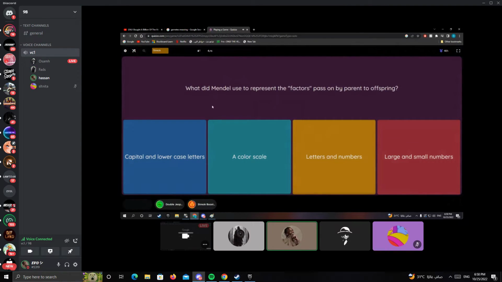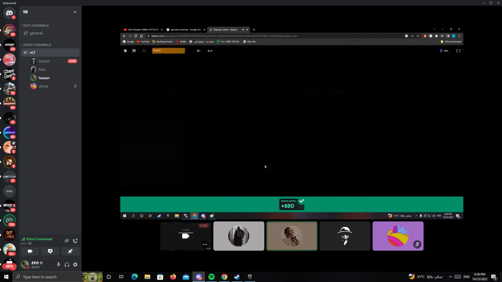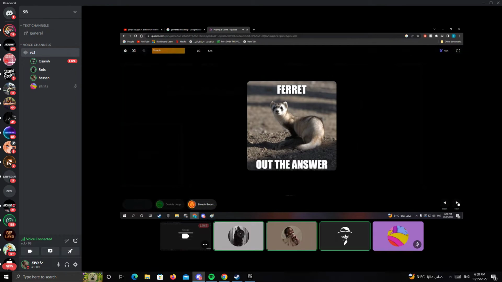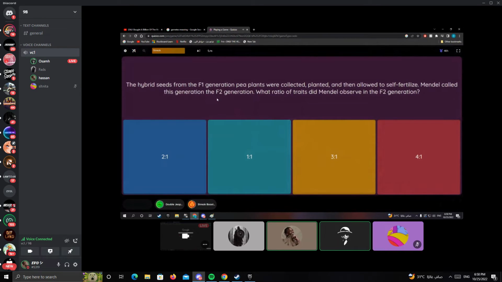What did Mendel use to represent the factors passed on by parent to offspring? I bet Hassan would not have known that. Let's see this question. This is too long for Hassan, even if it's easy. Go on, Hassan.